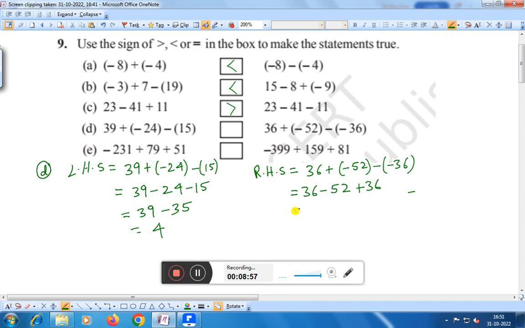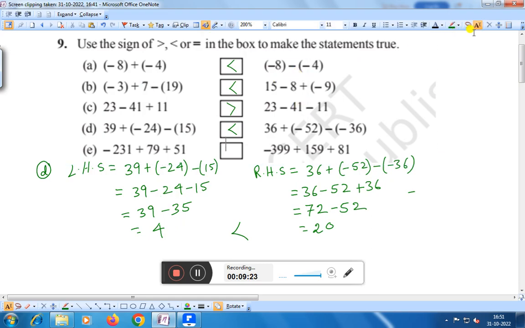That comes to 36 plus 36, 6 plus 6 is 12, carry 1, 72, 72 minus 52. That comes to 20. Therefore, 4 is less than 20. Therefore, it will be less than. This is question number D.